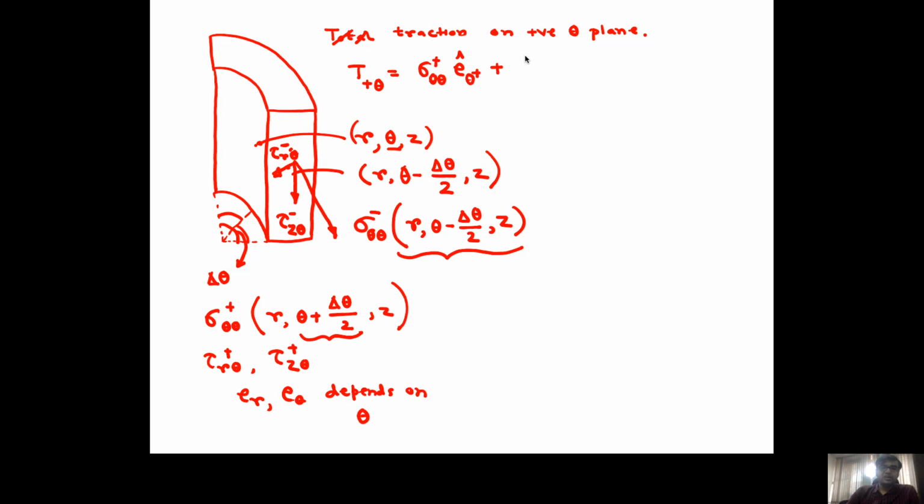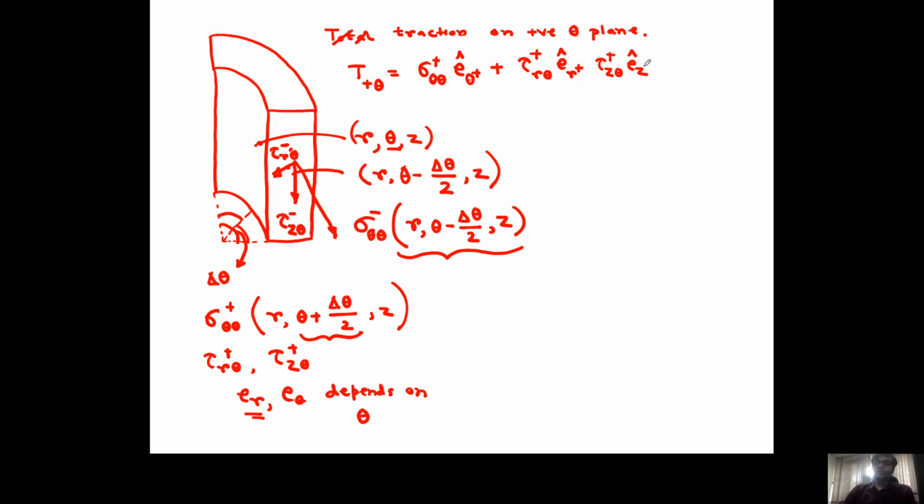Then there is tau r theta plus, and then it will be E hat r plus, because ER also depends on theta. And then the last term will be tau z theta plus Ez hat.